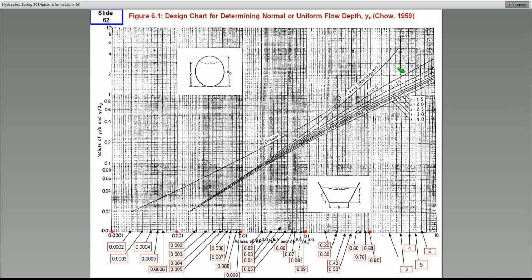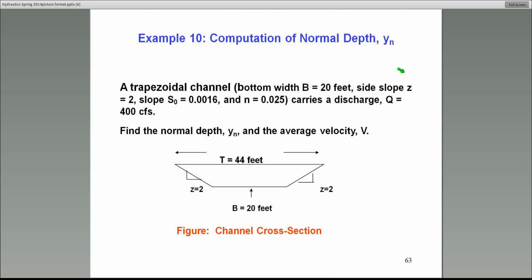Let's look at an example, and I'll come back to how to use this. In this case, I have a trapezoidal channel. They'll give you a trapezoidal channel with the bottom width and a side slope Z of 2. By the way, the side slope in some references might be referred to as small s. Be careful, but it's basically Z horizontal to 1 vertical. That's what I've shown you right here.